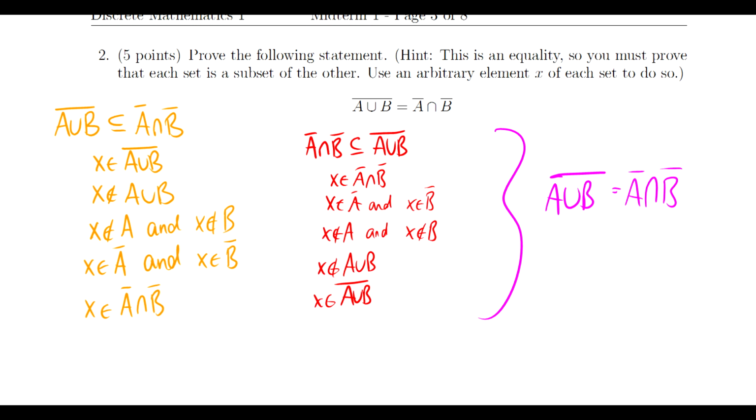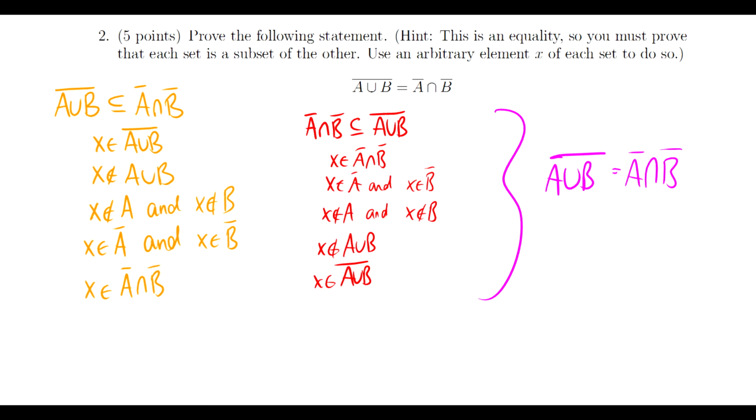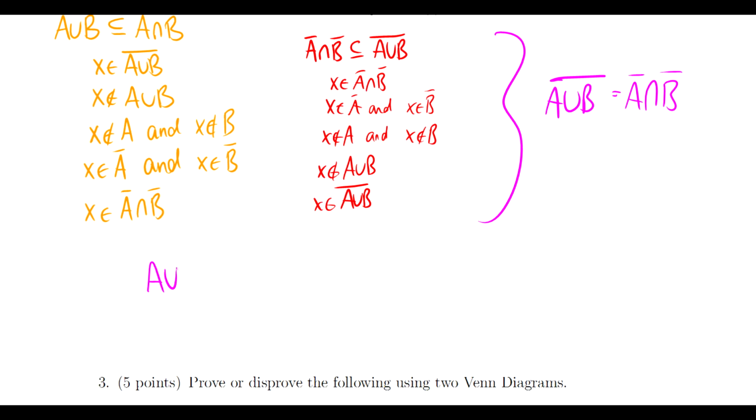If you were to just use set laws, like if you were to say, oh okay, we have (A union B) bar, and then by De Morgan's we have A bar intersection B bar, you would have got 2.5 out of 5, because it's not a proof.